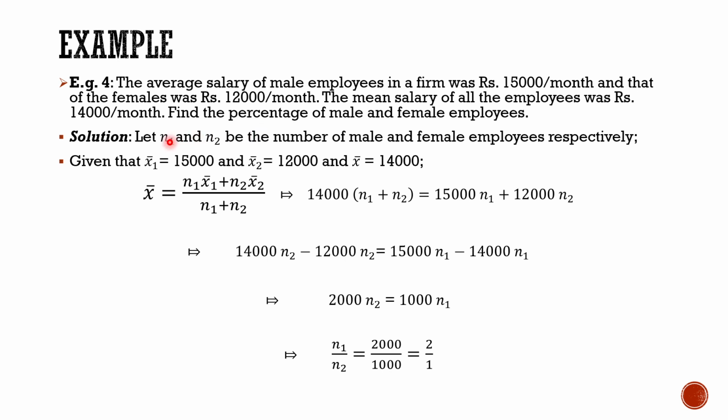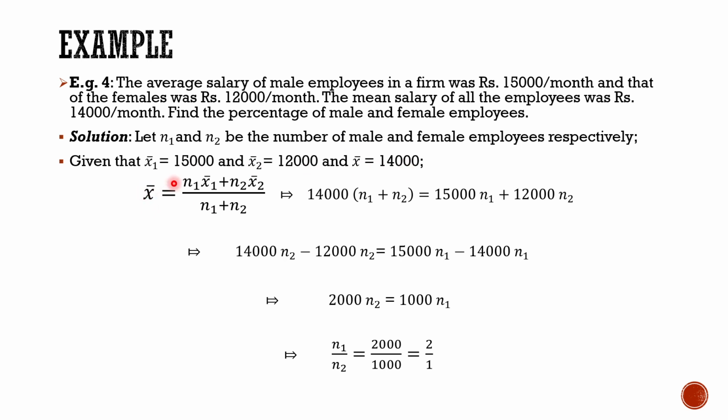Let n1 and n2 be the number of male and female employees respectively. That is what we'll have to find out. It's given that the mean of the first group, that is male, is 15,000, the mean for the second group, that is female, is 12,000, and the composite mean is 14,000.